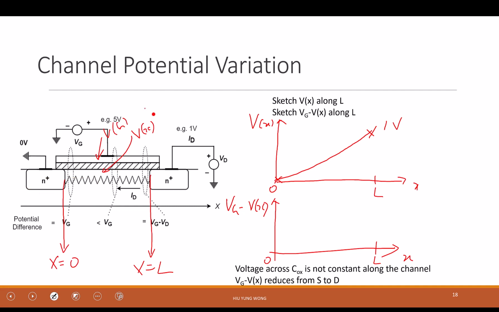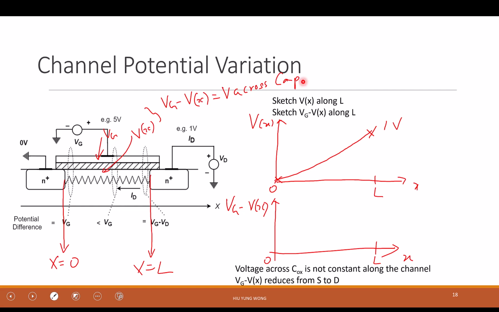So Vg minus Vx, maybe I should just use subscript. Vg minus Vx is just the voltage across the cap. Make sense? At every point, right?